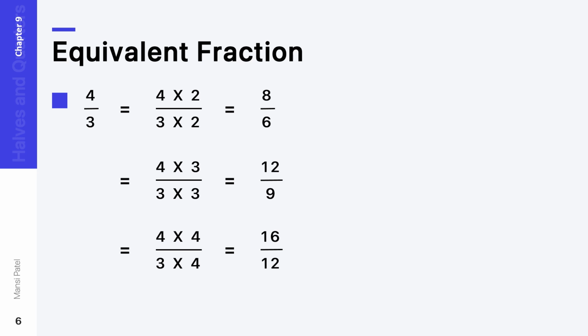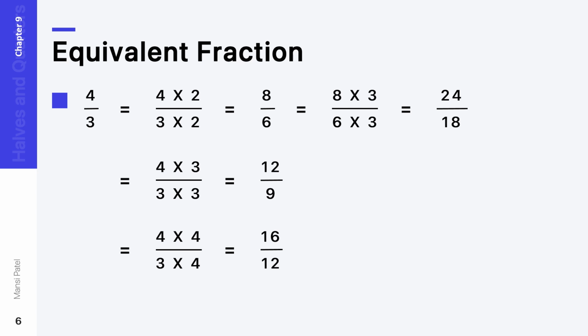Now see here, you can also multiply 8 upon 6 by 2 or any other number. If we take the number 3, then 8 multiplied by 3 is 24, that is, 8 3s are 24 and 6 3s are 18.